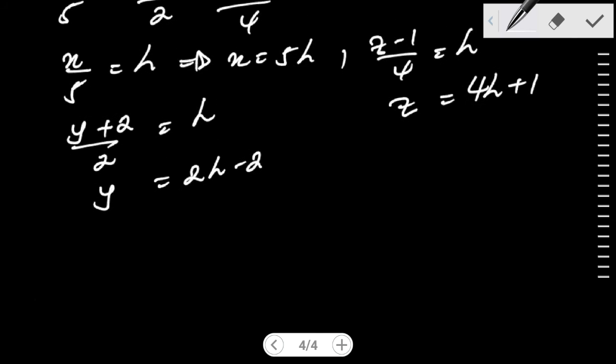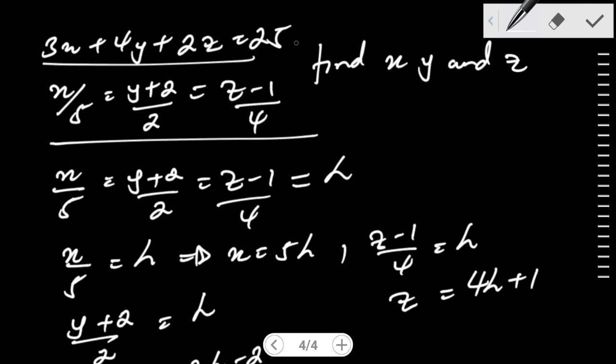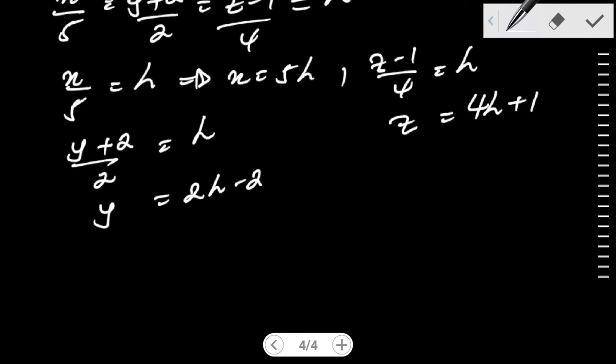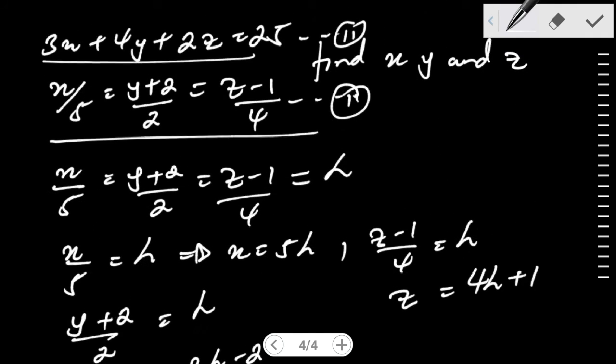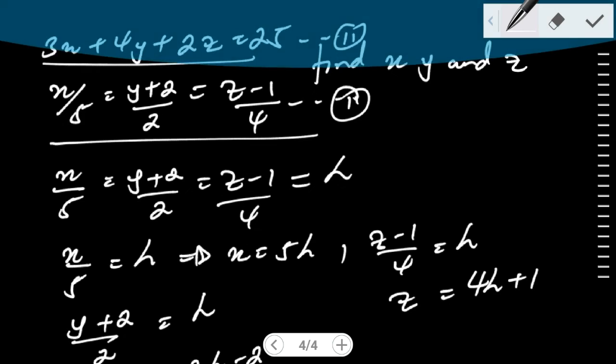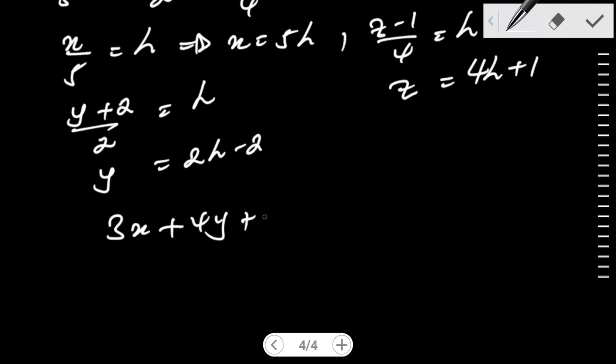Having done so, now come into the second equation. This was your first one, and this is our second equation. Write it down: I have 3x plus 4y plus 2z is equal to 25.